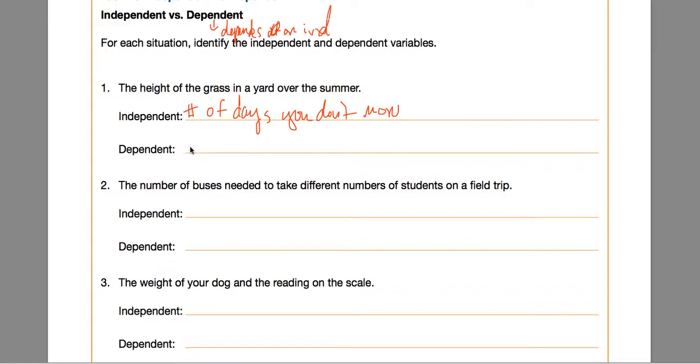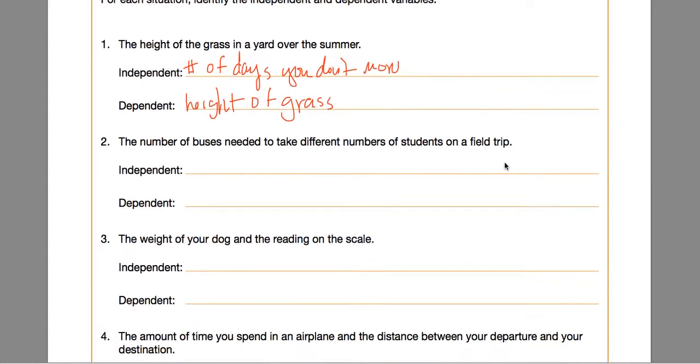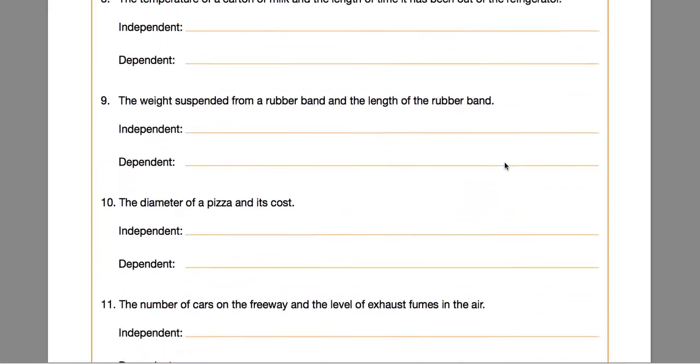And then the dependent would be the height of the grass. Because if you don't mow for 10 days, the height of the grass would depend on that. If you don't mow for 15, then it would be a little bit higher. So things like that, you will have some of those examples.